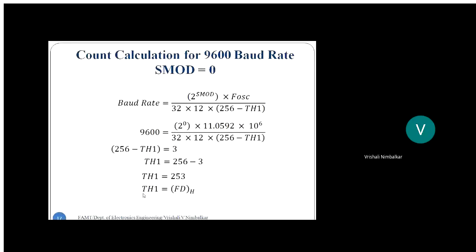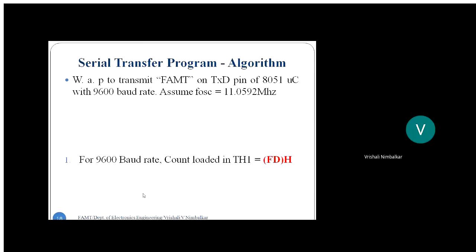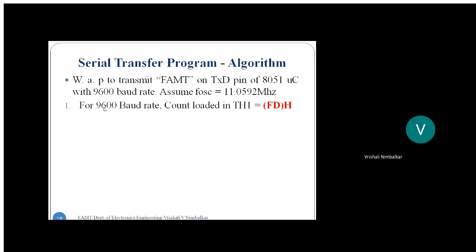Now once we have calculated the count, we will go for initializing the control words. The first thing that we did is we calculated the count, so the count loaded in TH1 is FD hex. The second thing that we will do is SCON. What is the control word for transmitting data? We have just seen it a few minutes back.